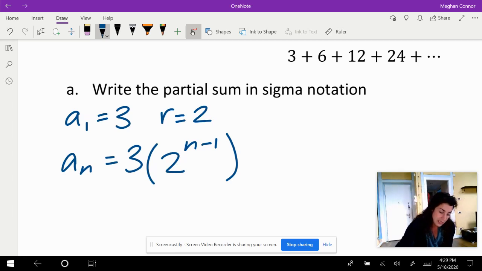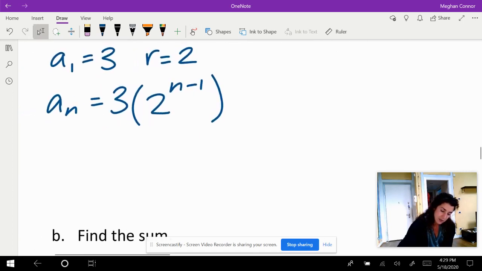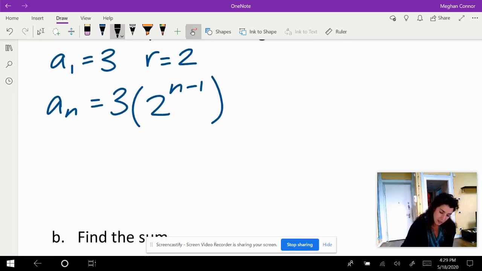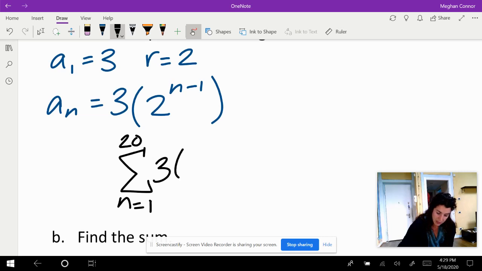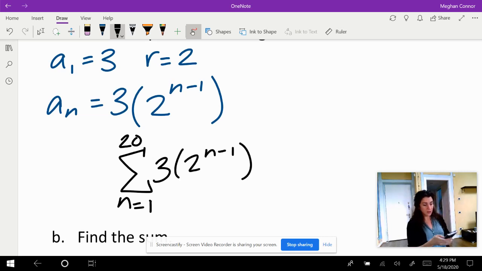All right, so to then turn that into sigma notation, we're talking about from the very first term to the 20th term, and then we need to put the definition in there.